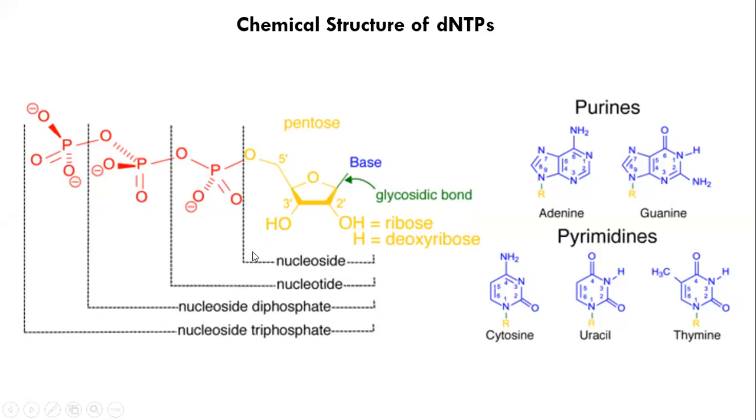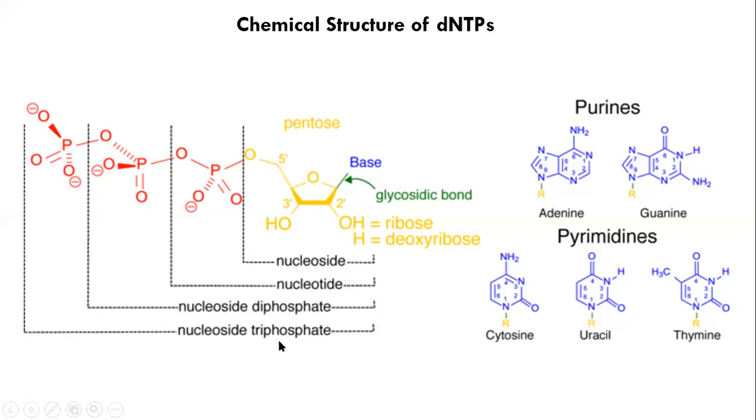You get a free hydroxyl group at the 3' OH for deoxyribonucleotide triphosphates. A pentose sugar without the phosphate groups, the 3 phosphates that would be here, is called a nucleoside. The pentose sugar with 3' OH and one phosphate group is called a nucleotide, and then diphosphate and triphosphate.